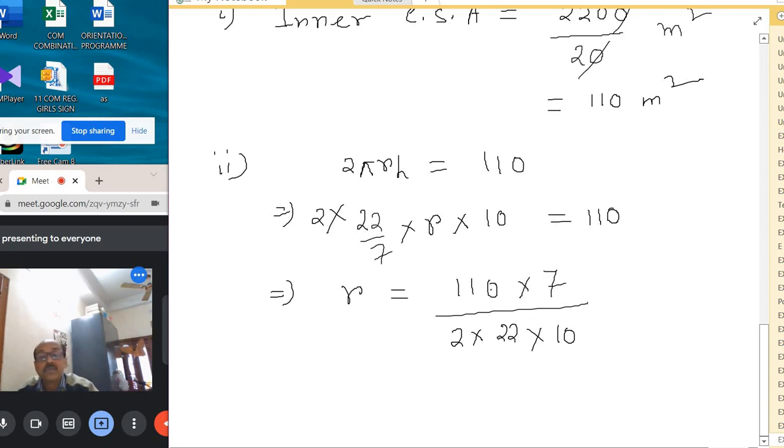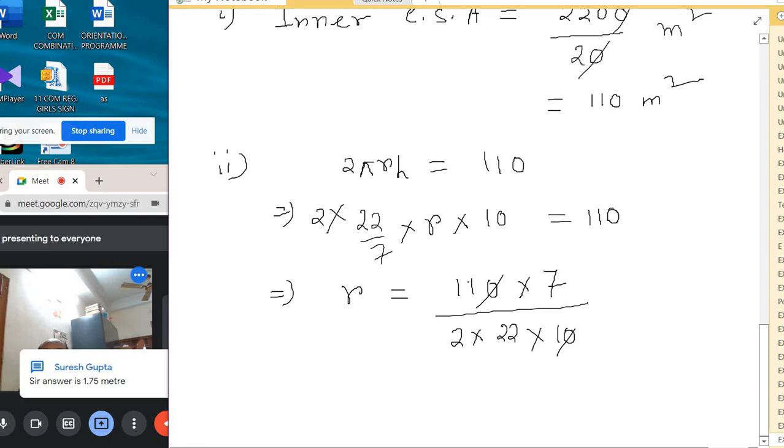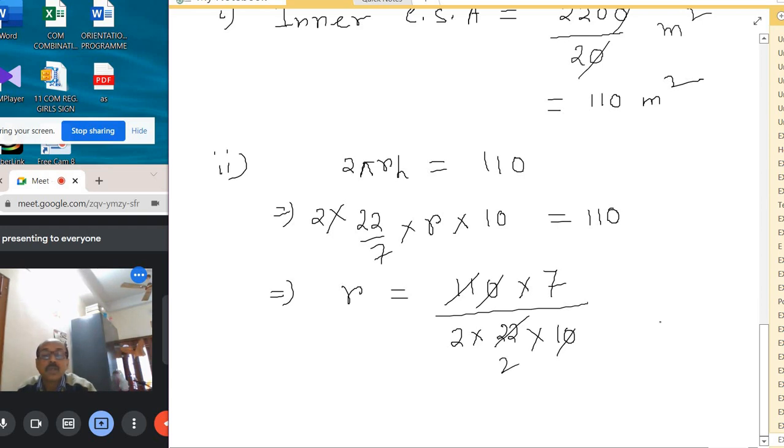Now the 0 cancels, and 11 2s are 22. 11 2s, equal to 7/4, and the unit in this question is meter.